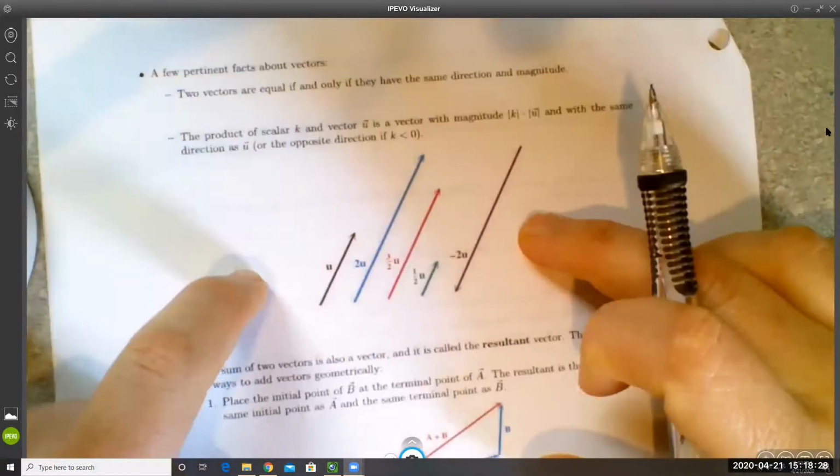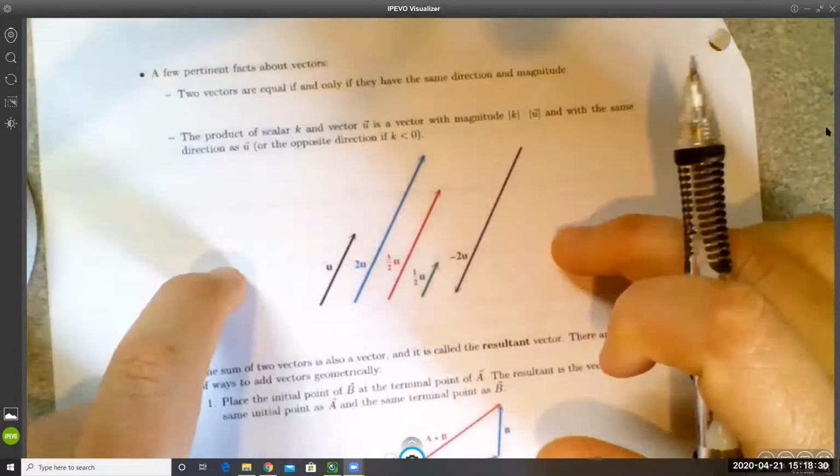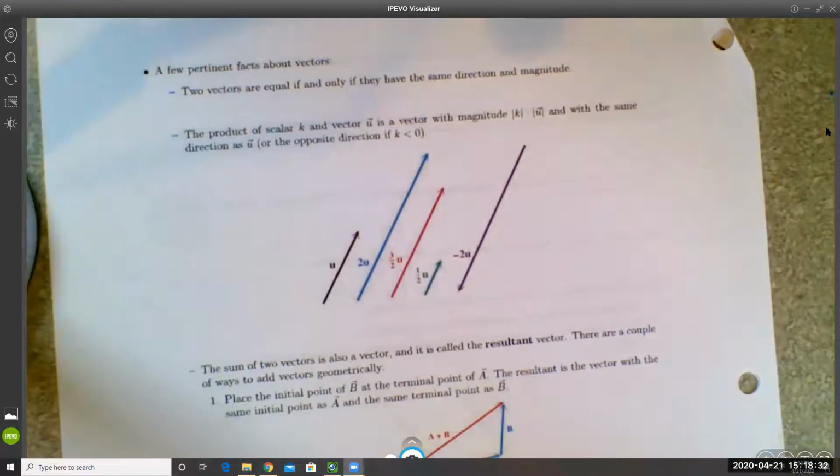So that's how multiplication works between a scalar and a vector. If you're wondering how multiplication works between a vector and a vector, well, there are different versions of multiplication, one of which we will be covering in the next section, called the dot product.